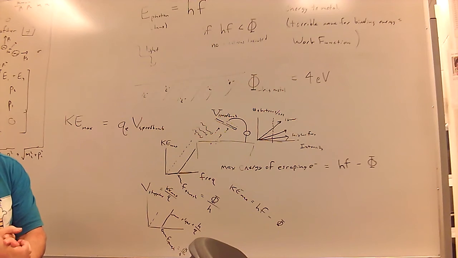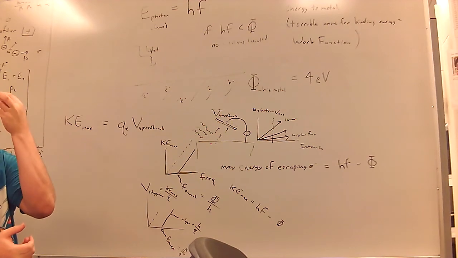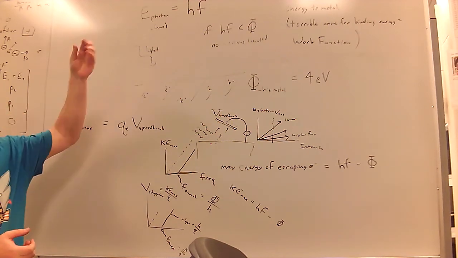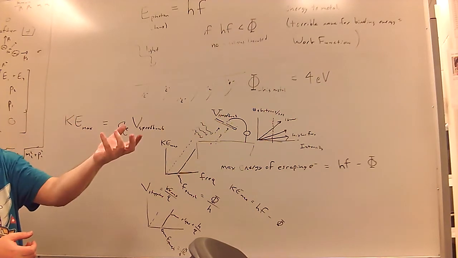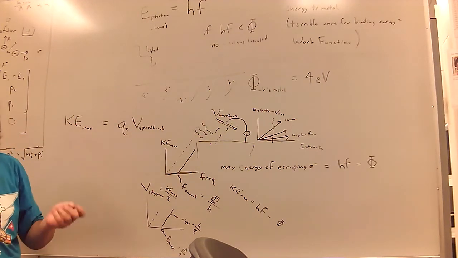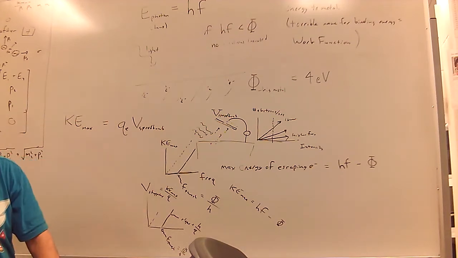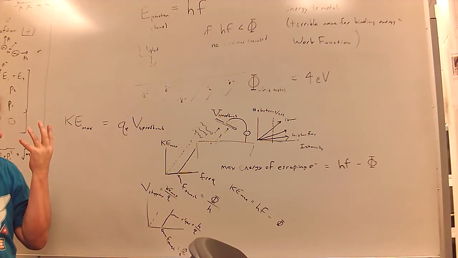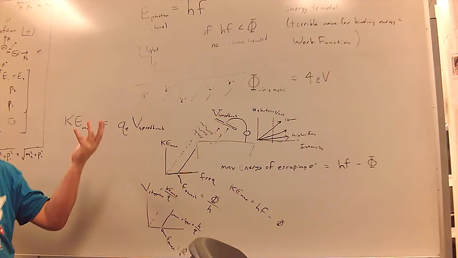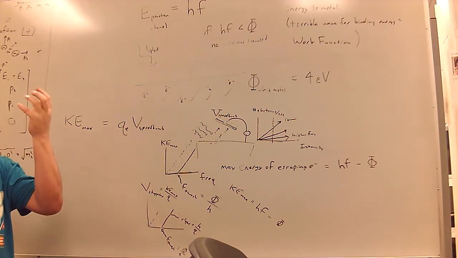So the big historical punchline to these experiments had nothing to do with stopping voltage, nothing to do with the actual kinetic energy the electrons were going out with. That was all just clues to the big change that people needed to make in their concept of reality, which was that, yeah, apparently light waves are quantized. A light wave cannot carry whatever amount of energy you want it to. A light wave carries these discrete lumps of energy of size Planck's constant times the frequency, and you can't subdivide it any further than that.